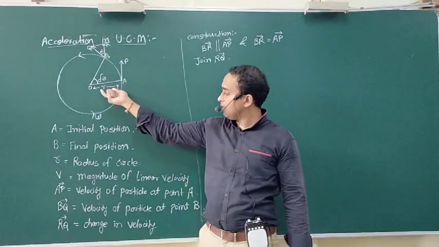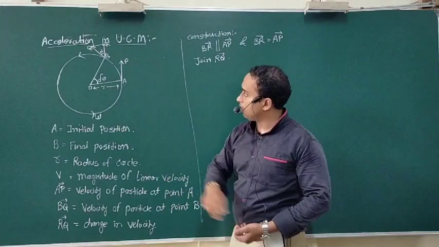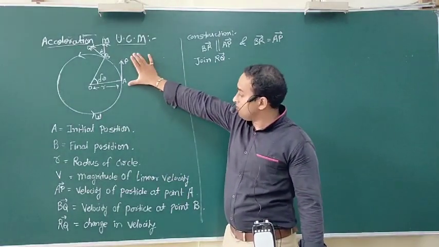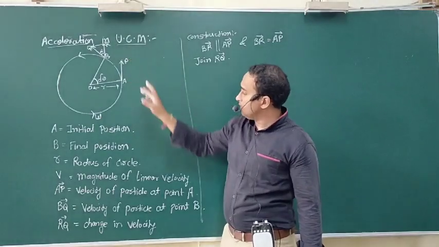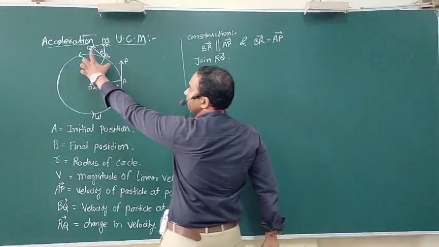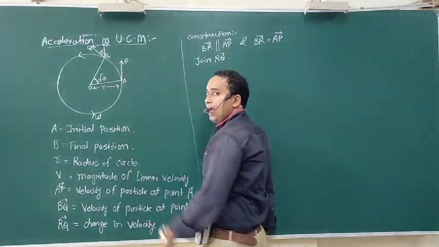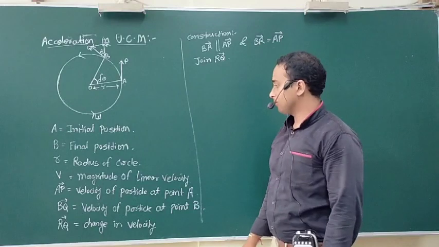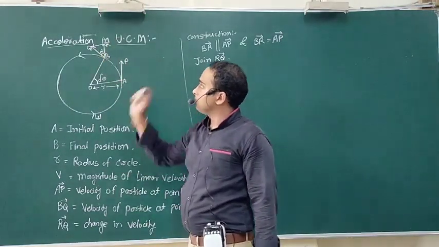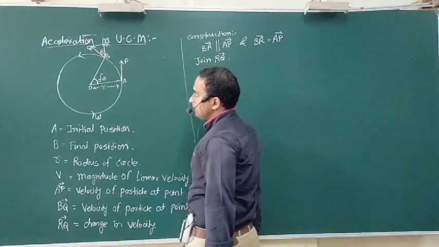Now AP bar be the velocity of the particle at position A. Similarly, BQ bar be the velocity of the particle at position B. So RQ bar is the change in velocity.